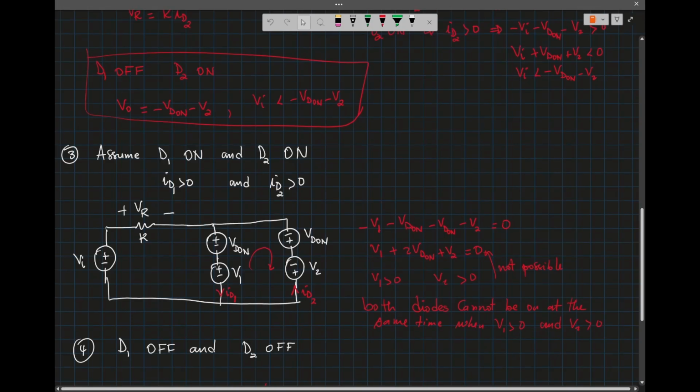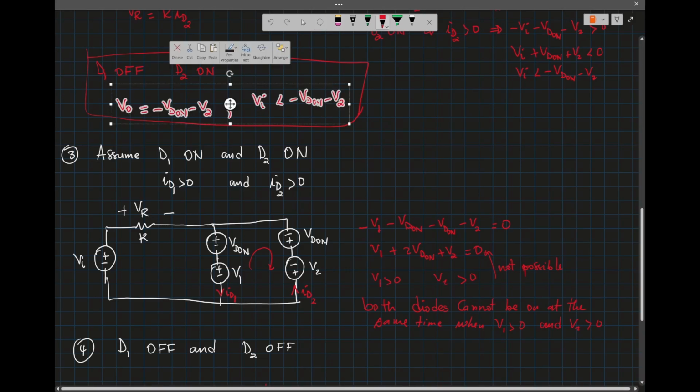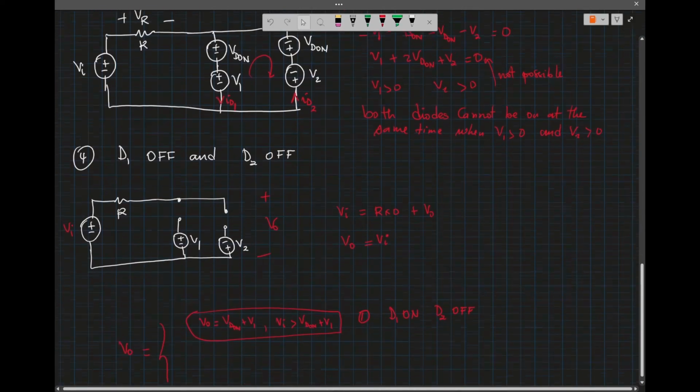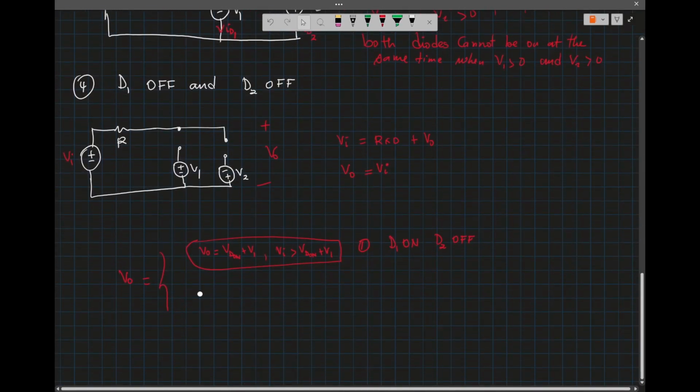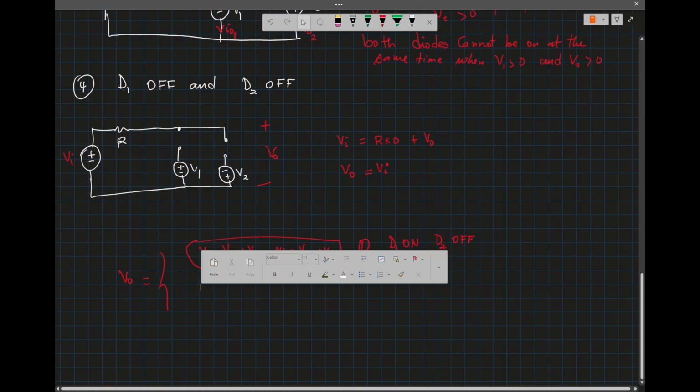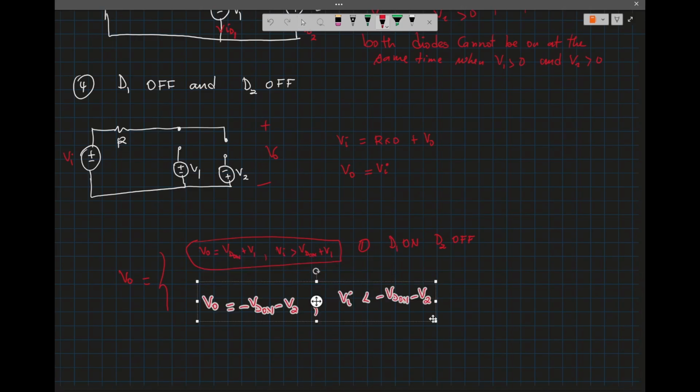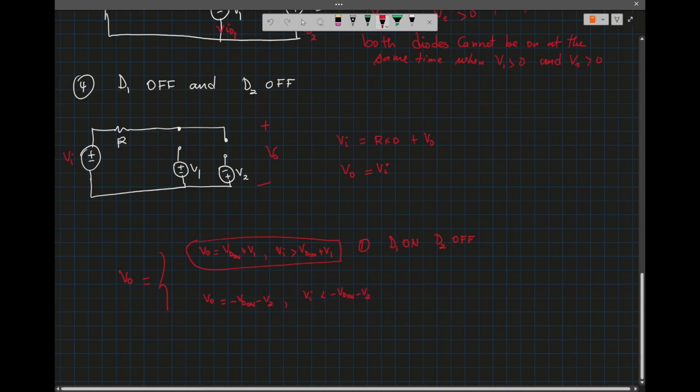The second condition is this, so paste it here: V0 when D1 off, D2 on.